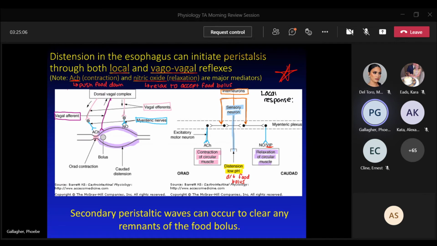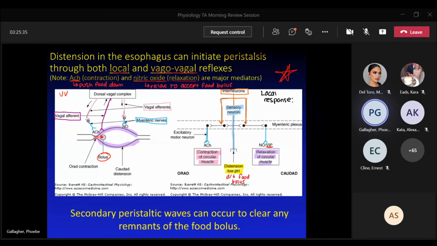So this is going to be your vagovagal reflex here, so it's going to depend on your DVC. So this uses your brain here. Behind the food bolus, you're going to constrict to help push it forward. And once it pushes it forward, it's going to sense a distension in your esophagus, and this is going to signal to the DVC.